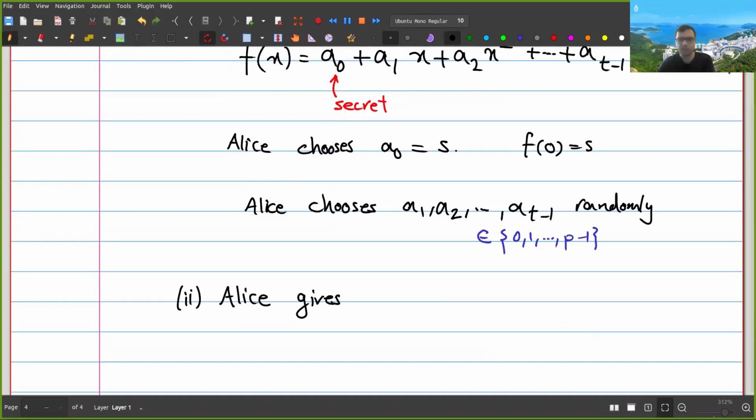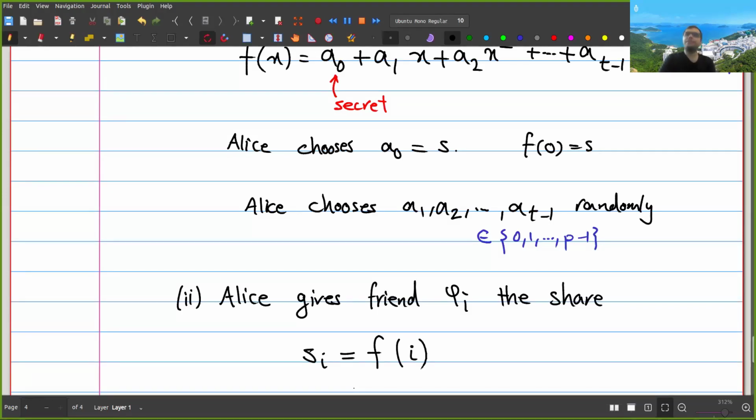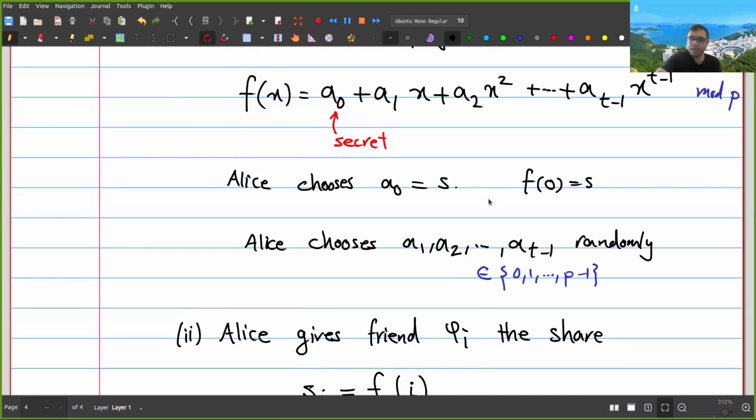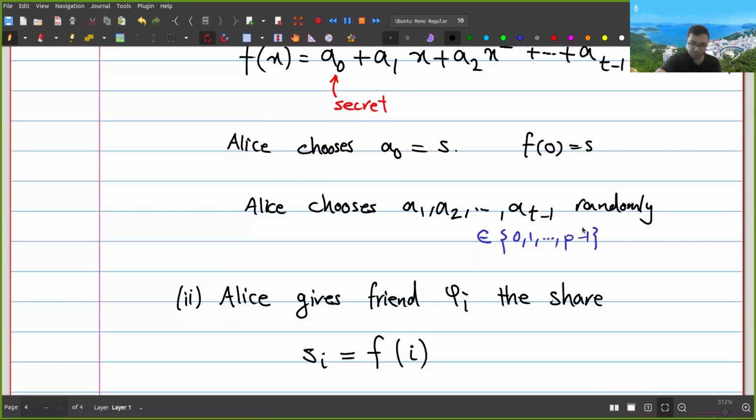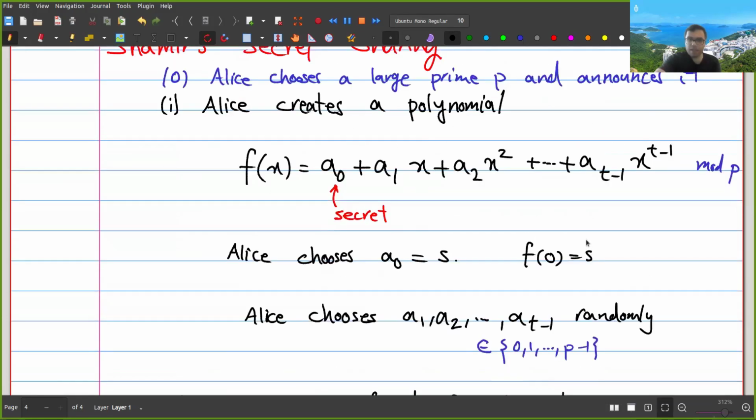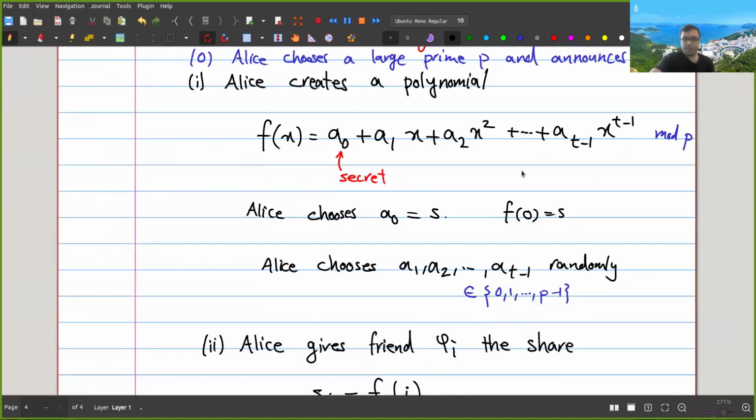Alice gives the friend phi i the share Si, and this share Si that is given to the i-th friend is just going to be the value of the polynomial at point i, f of i. So I give f of 1 to my first friend, f of 2 to my second friend, f of 3, and so on. But the secret is f of 0. That's it. That's Shamir's secret sharing.